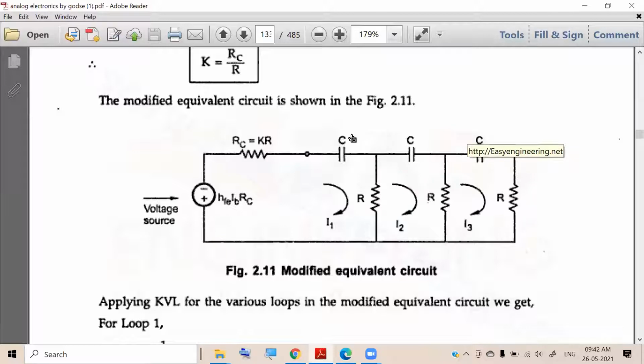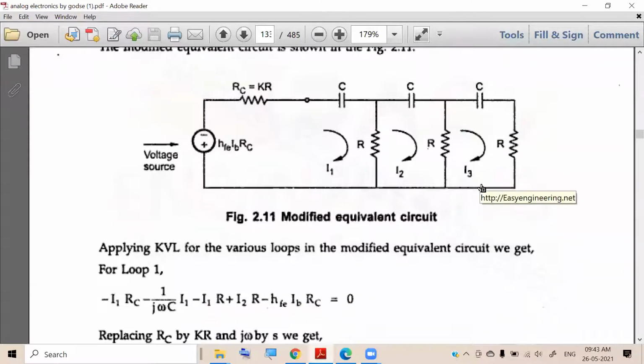Because we have capacitors, there will be a J term, so we will have a real part and an imaginary part. The real part we equate to 0, and the imaginary part we equate to 0. This is the process we did in the general LC oscillator, and a similar process we are going to do here.